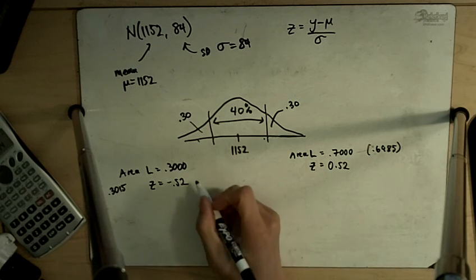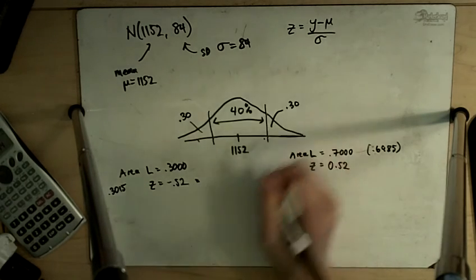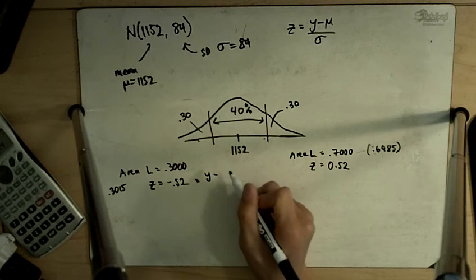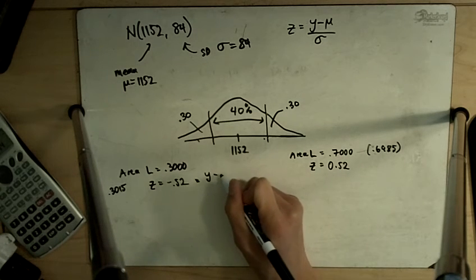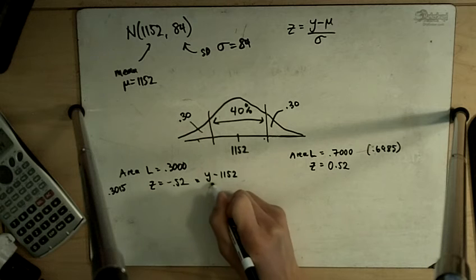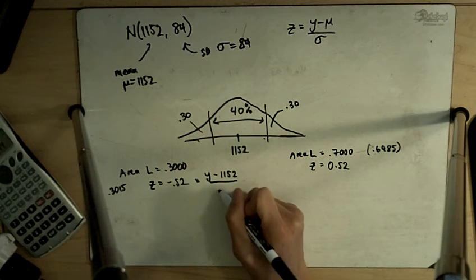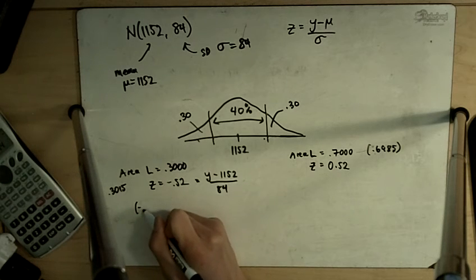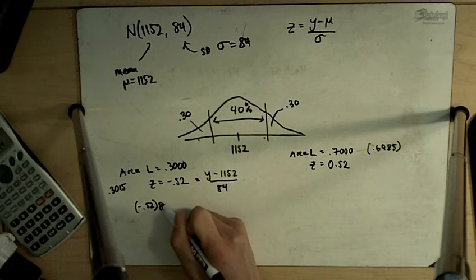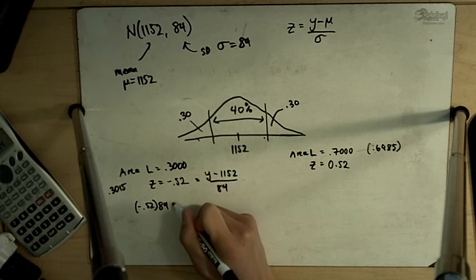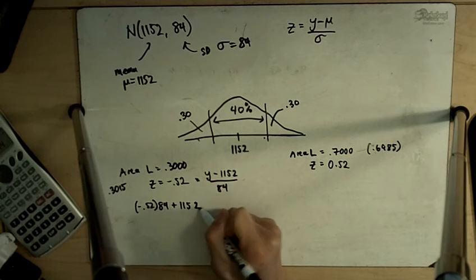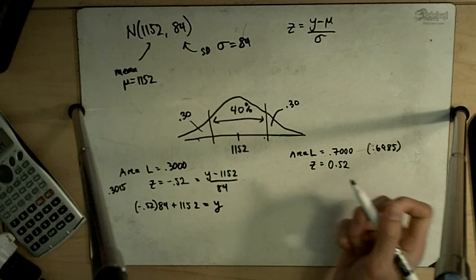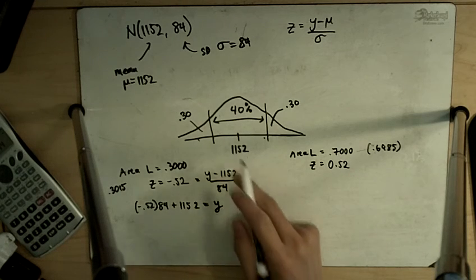And again, once we have our z-scores, now it's just to convert using algebra to find y minus mu divided by sigma. So our mu is 1152 divided by sigma, and that's 84. And we multiply both sides by 84, and we have negative 0.52 times 84. And we add 1152 to both sides. And this gives us our y value on this side.